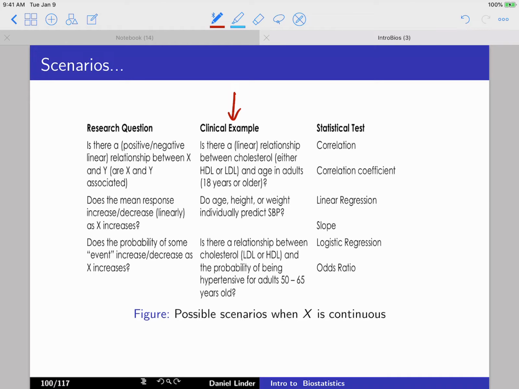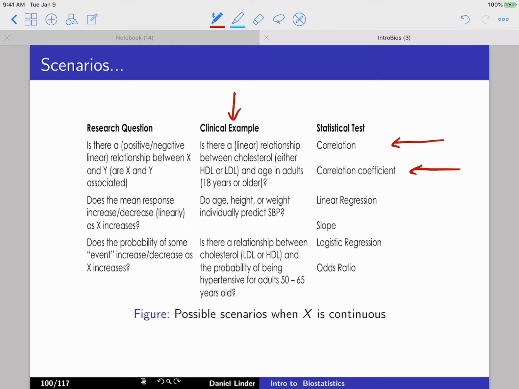Even though we measure it in years, if you really want to nail it down, time can be thought of as continuous. So for this type of analysis, we have a continuous x and a continuous y, so a correlation analysis would be appropriate. You want to know if there is a linear relationship between a continuous variable x and a continuous variable y, so you would typically use the Pearson correlation coefficient to assess that linear relationship.